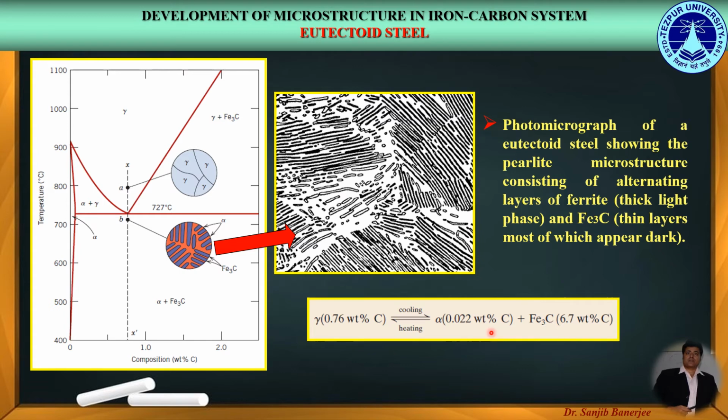In this case, the ferrite has a composition of 0.022 weight% of carbon and cementite has a composition of 6.7 weight% of carbon, and the phase transformation requires that there be a redistribution of the carbon by the process of diffusion.